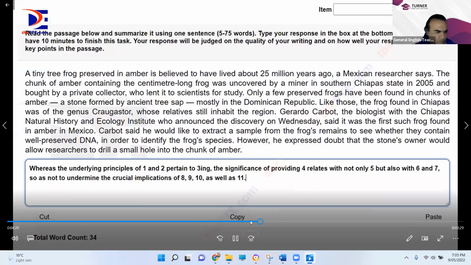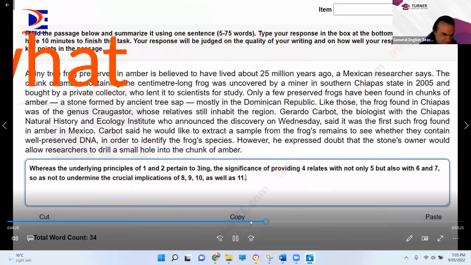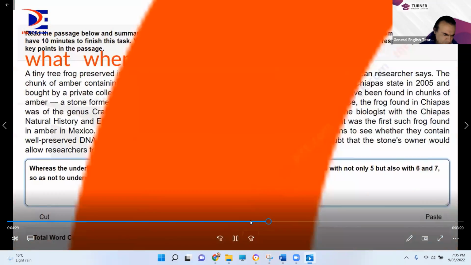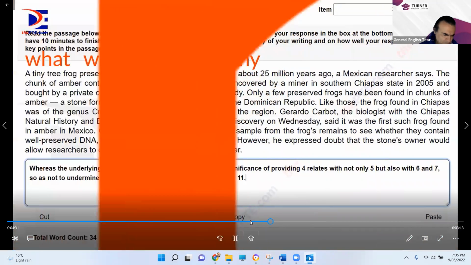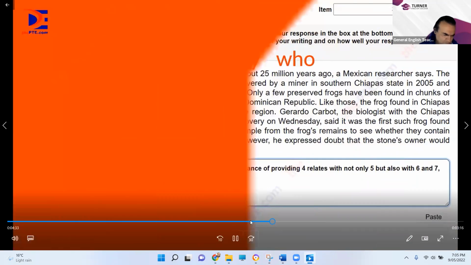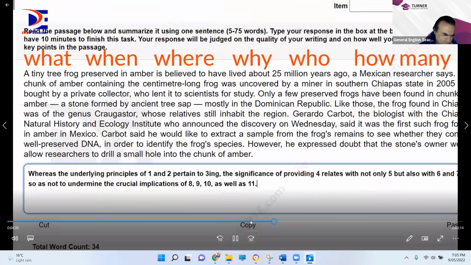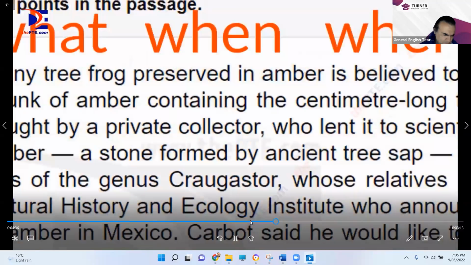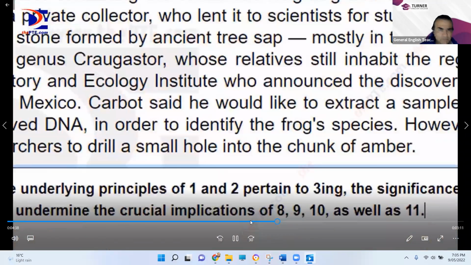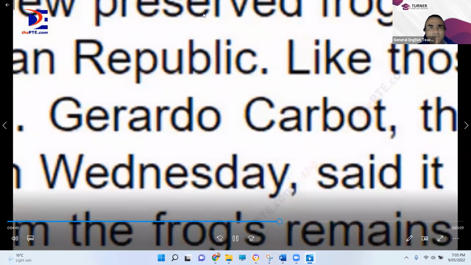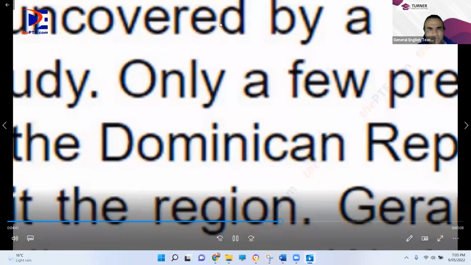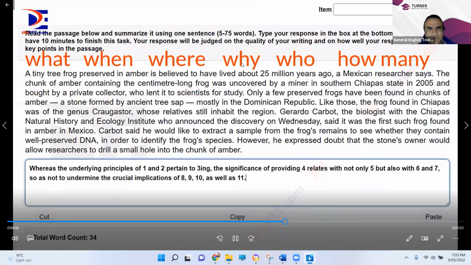You can find content words that are the answer to the following WH questions. What, when, where, why, who, and how many. Also use any nouns, adjectives, proper nouns, and names that have been repeated several times in one of the blanks.